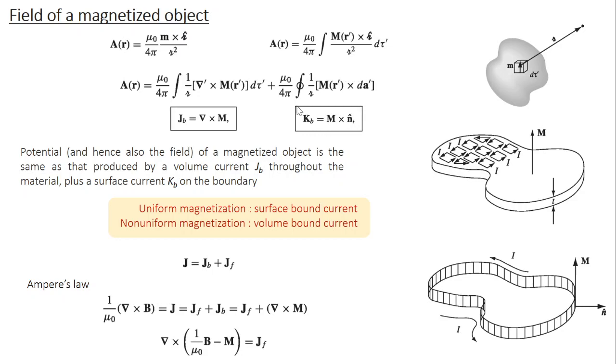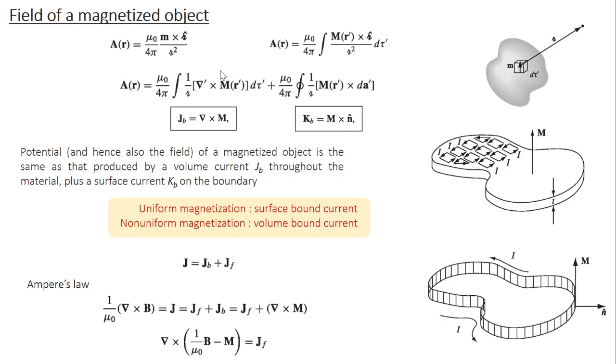One of the volume integrals you can convert into a surface integral using the Gauss theorem. So the expression for the net potential is A(R) equal to mu naught over 4 pi volume integral del prime cross M(r prime) d tau prime by r plus mu naught by 4 pi closed surface integral M(r prime) cross dA prime by r.